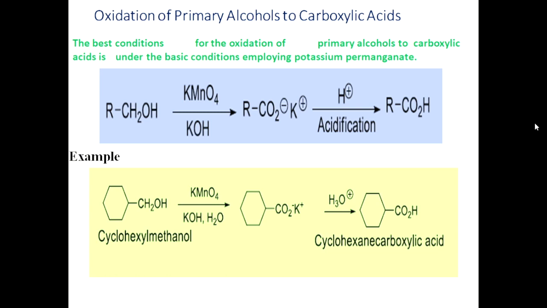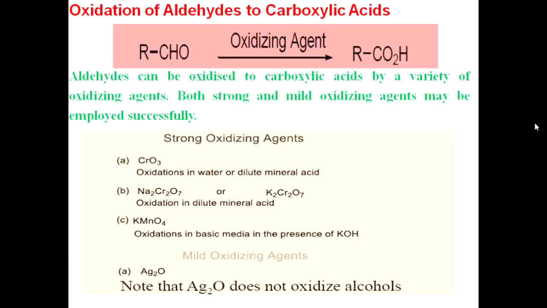The example here is cyclohexyl methanol, which will undergo oxidation with KMnO4 in aqueous KOH. First, the potassium cyclohexyl carboxylate salt will form, which will undergo hydrolysis to give cyclohexane carboxylic acid.